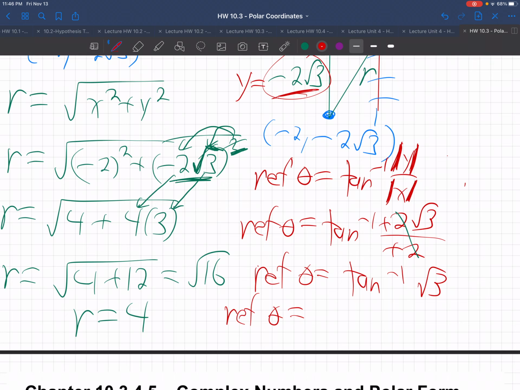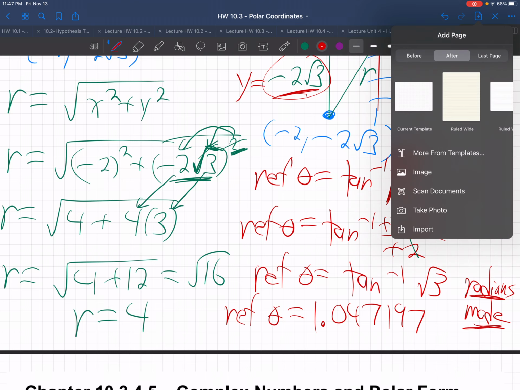We want to be in radians right now, right? So make sure you're in radian mode. Hit tangent inverse of the square root of 3. I'm getting 1.047197 radians. That's radians.